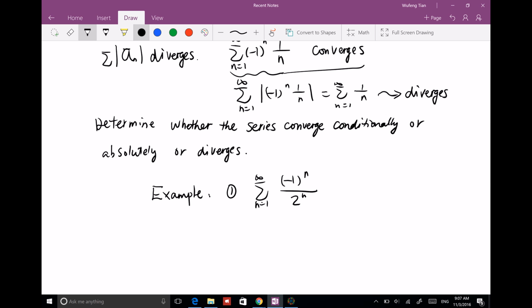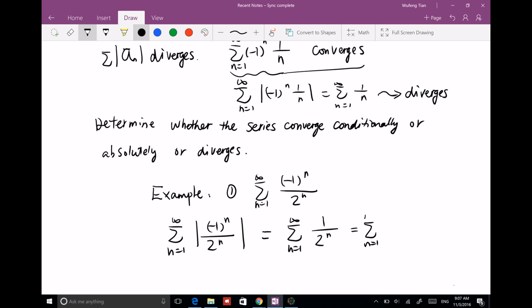For this one, we check the absolute value of the series, n from 1 to infinity. If I add absolute value on the terms, it's going to be a p-series with p equals 2. No, not a p-series, my bad. It's a geometric series, right? n from 1 to infinity, (1/2)^n, and r equals 1/2, less than 1.